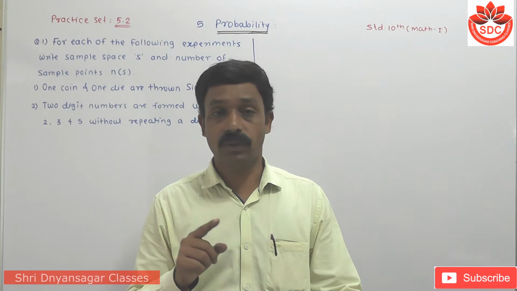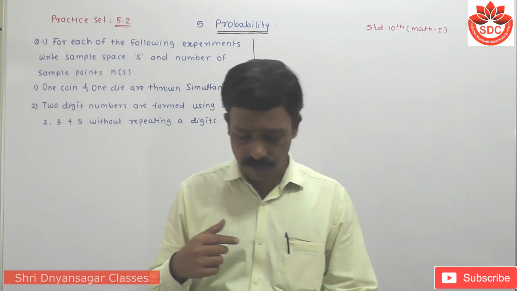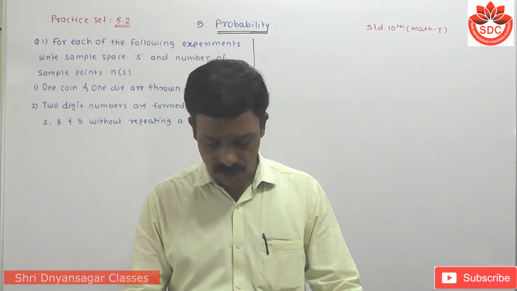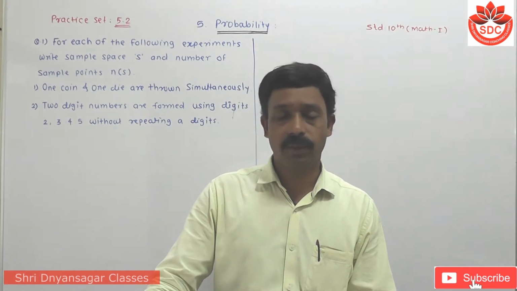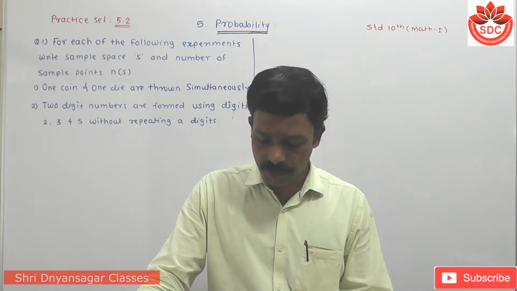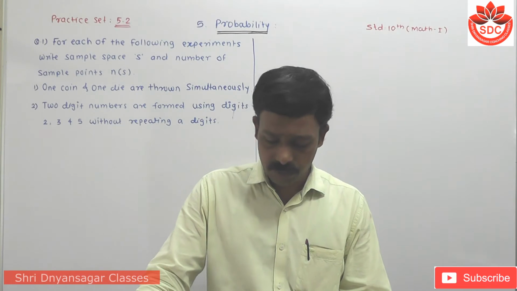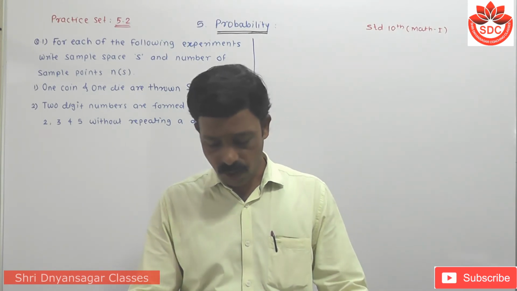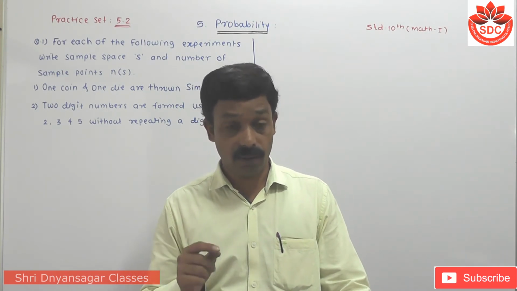There are 4 types of suits: diamond cards, spade cards, heart cards and club cards. Now the total number of sample points, n(S), is 52.